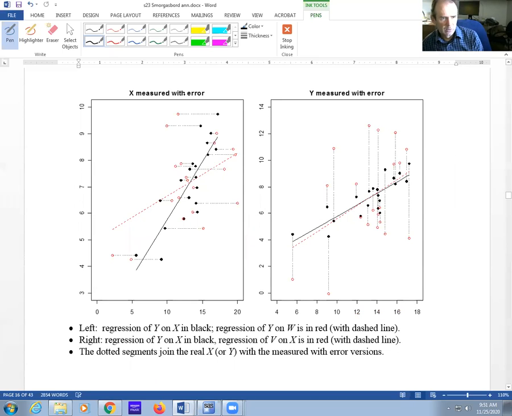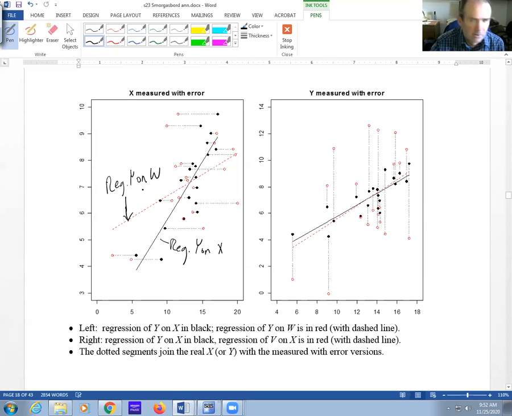Well, when X is measured with error, this is what's going to happen. The actual relationship is given in the solid black line, and the relationship when we regress, so this is regressing Y on X, and this is regressing Y on W. So what happens?